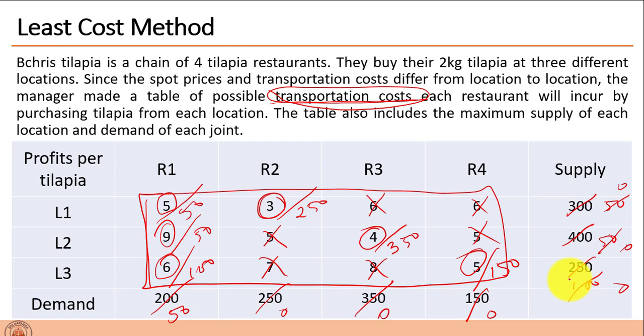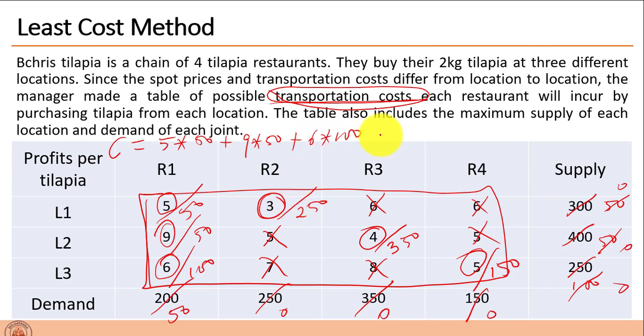So let's do the calculation here and see what we get as the minimum cost to be paid as transportation for all the deliveries. Let's say cost equals 5 times 50, plus 9 times 50, plus 6 times 100. That's the first column.